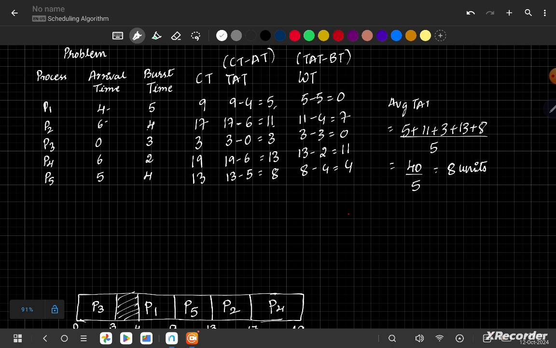And average waiting time would be 0 plus 7 plus 0 plus 11 plus 4 divided by 5, that is 22 divided by 5. The answer will be 4.4 units. So this is your average turnaround time and average waiting time.